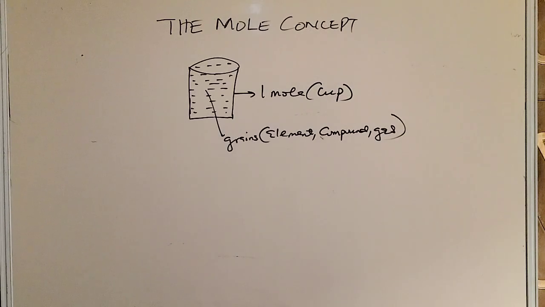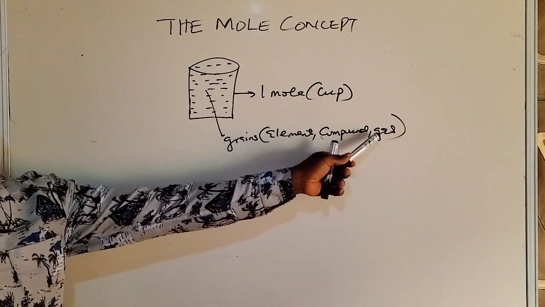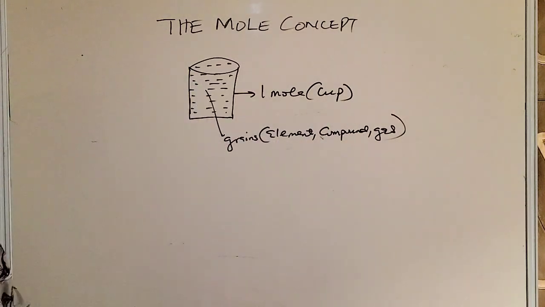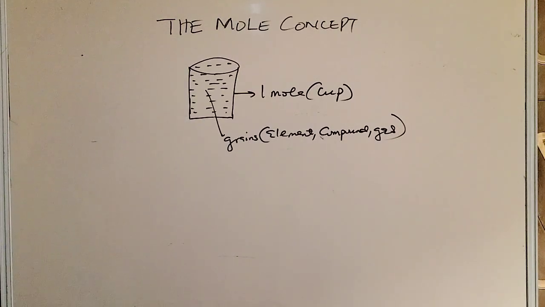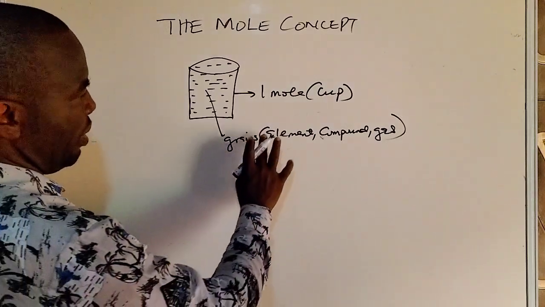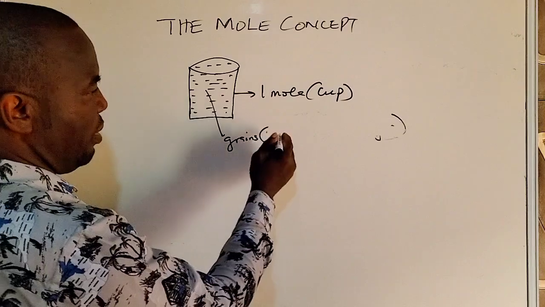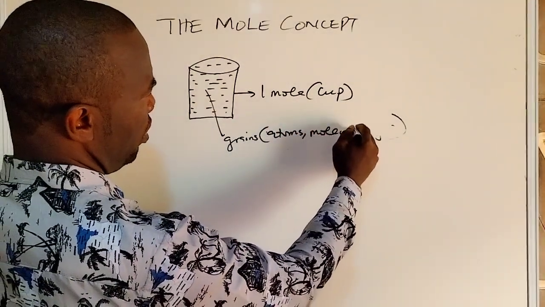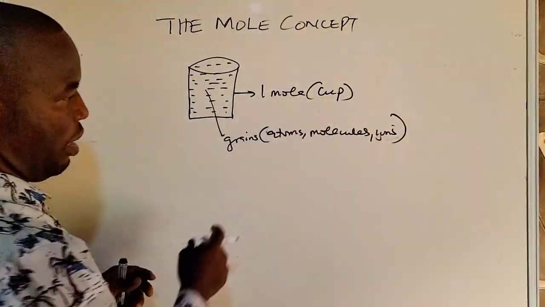The question is this: if these grains represent the chemical substances, how many grains of rice will make up 1 mole? Sorry, I made a mistake. The grains represent the particles, that is the atoms, molecules, the many particles in 1 mole as we defined, not element or compound.